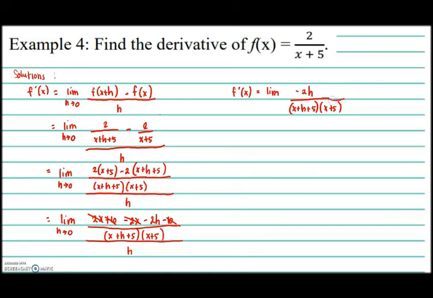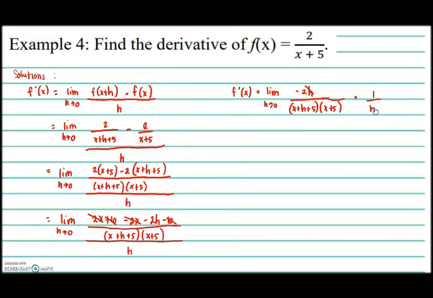Right. Now, we have here a complex fraction. When we simplify complex fractions, or divide a fraction by a fraction, we take the reciprocal of the divisor, which is h, and proceed to multiplication. So we have negative 2h over (x + h + 5) times (x + 5), times the reciprocal of h, which is 1 over h, as h approaches 0.